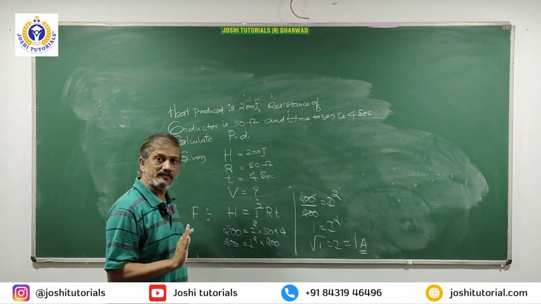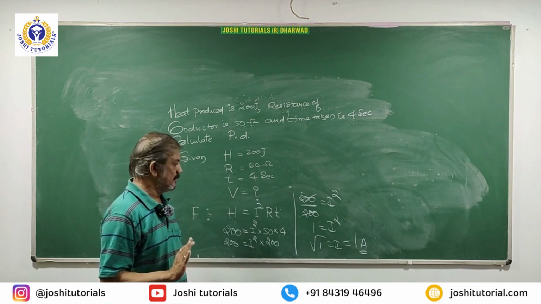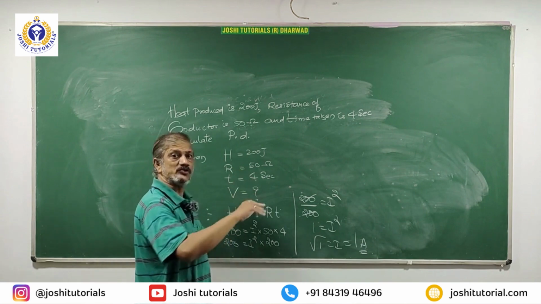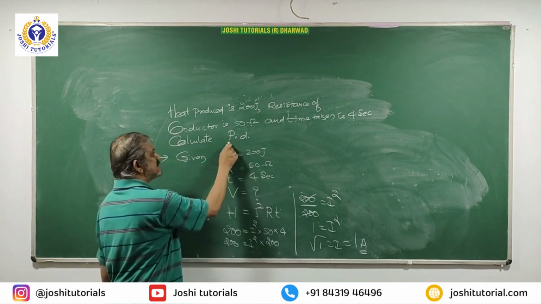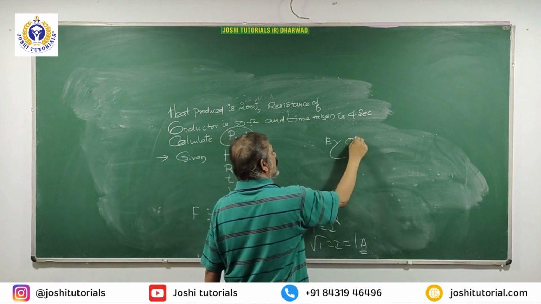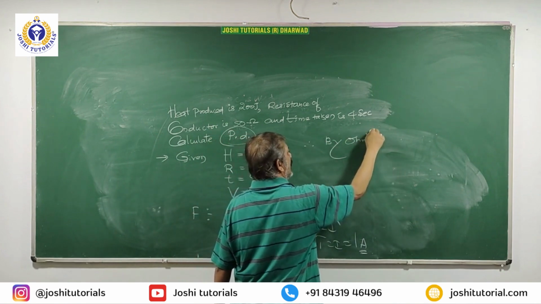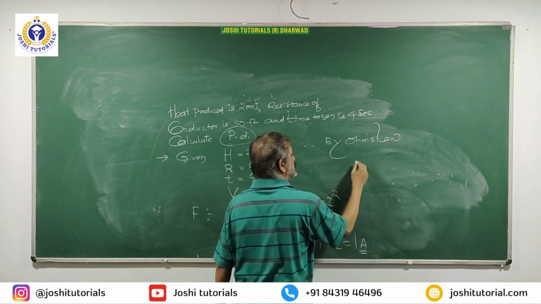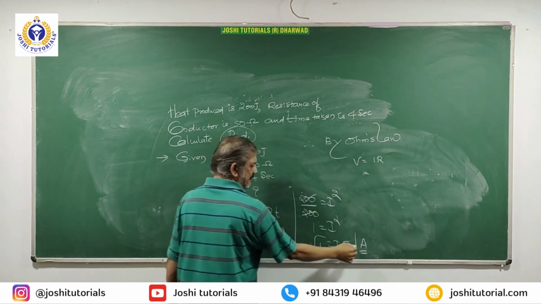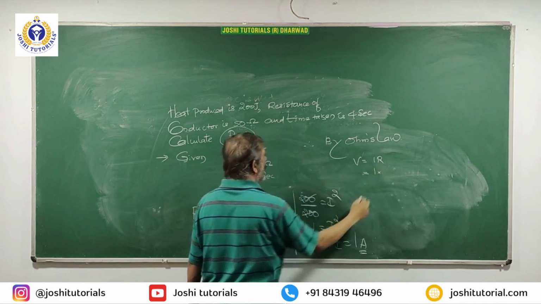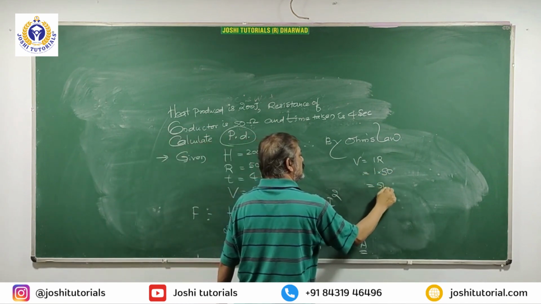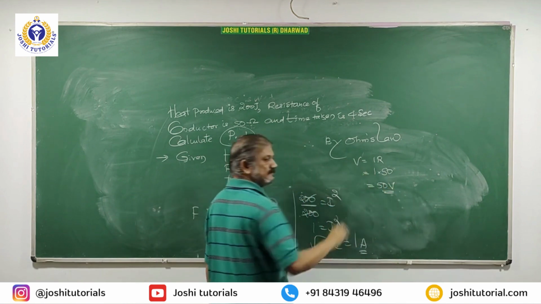It is just an example I am telling you. If they give, this is how to solve. But he has asked for PD. Therefore, by Ohm's law, V equals IR. I is 1, R is 50. Therefore, voltage is 50 volts.